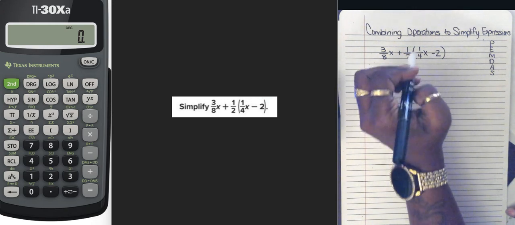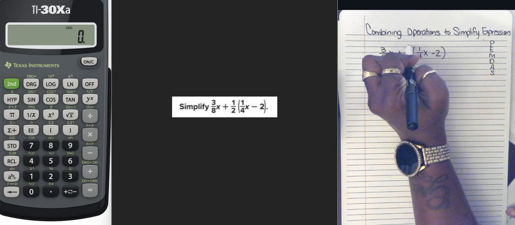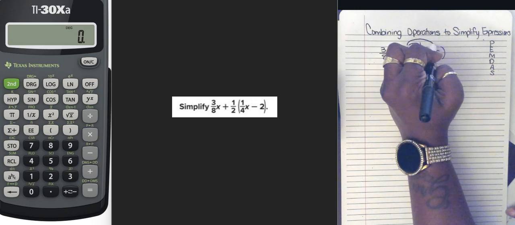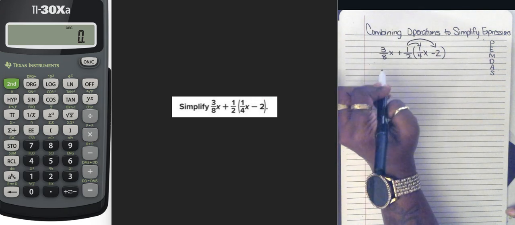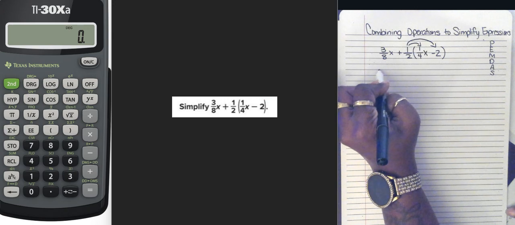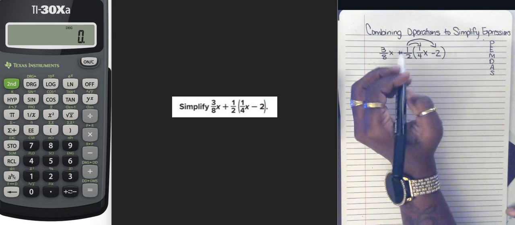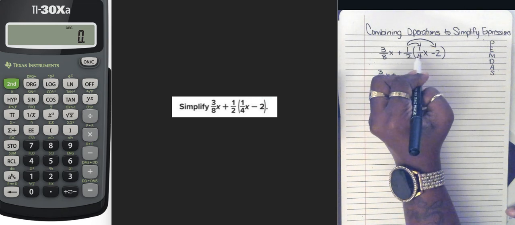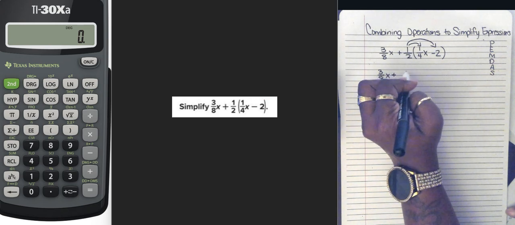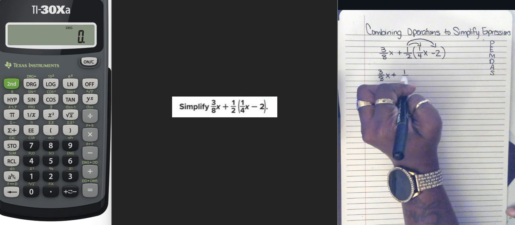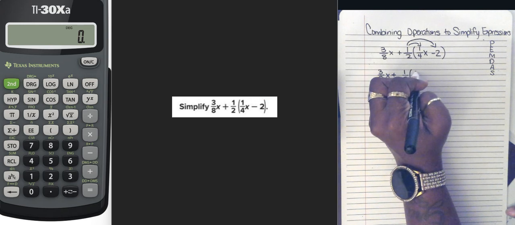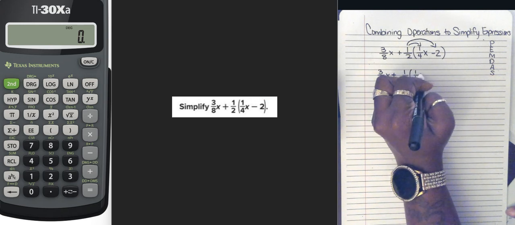So in order for us to do that, remember, we're going to use the distributive property. And I'm going to just bring this down. So that's going to be 3/8 x, okay, plus we're going to multiply 1/2 times 1/4 x. So in other words, it's going to look like this: 1/2 times 1/4 x.